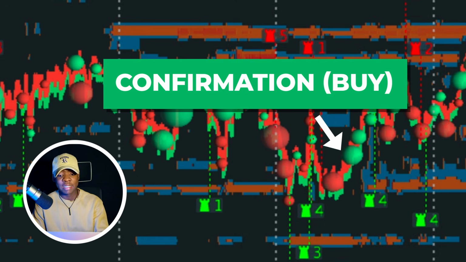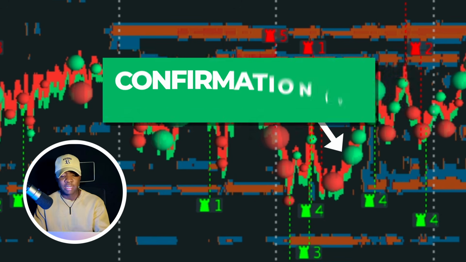We started getting these green bubbles, giving us our confirmation to buy. But what did we see with the footprint chart? We also want to see something in the footprint chart to give us more confidence and more confirmation to buy. So before we go there, I want to show you guys the trade before it actually happened.